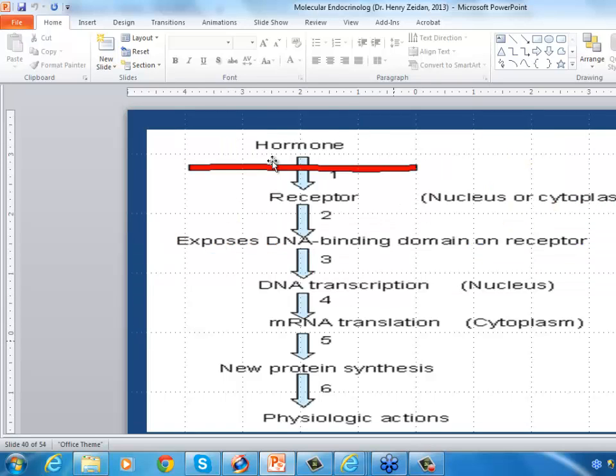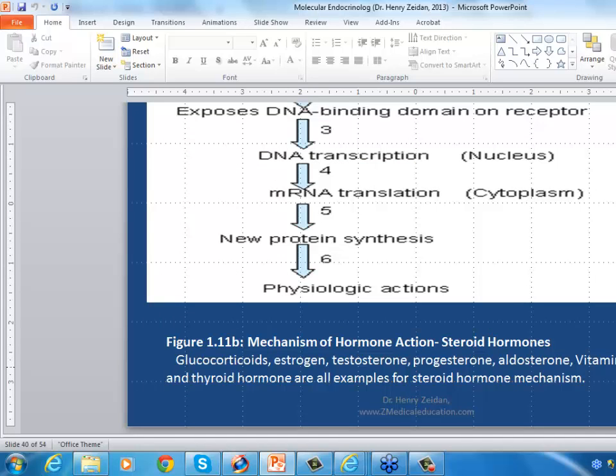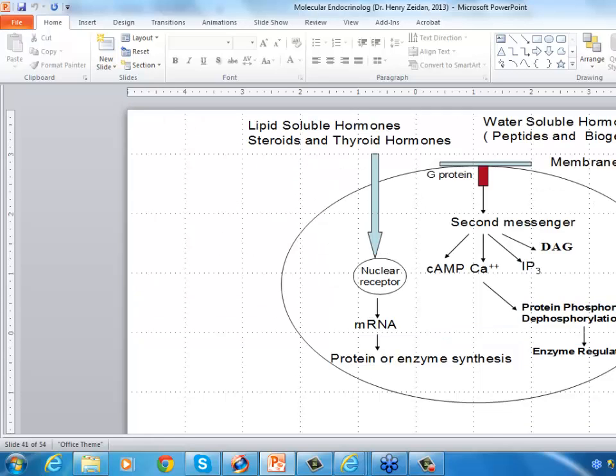So in summary, that's a function of a lipid-soluble hormone that binds with the receptors on the nucleus, and that's a function of steroid hormones: glucocorticoids, estrogens, testosterone, progesterone, aldosterone, vitamin D, all are good examples for that.